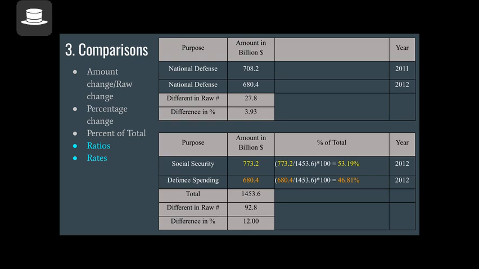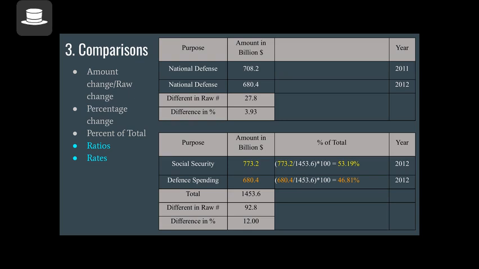That will give the difference in percentage, just like we did here. But here we are talking about percent of total. What it means is that out of the total of $1,453.6 billion, what percentage is allotted for Social Security, and what percentage is allotted for defense?